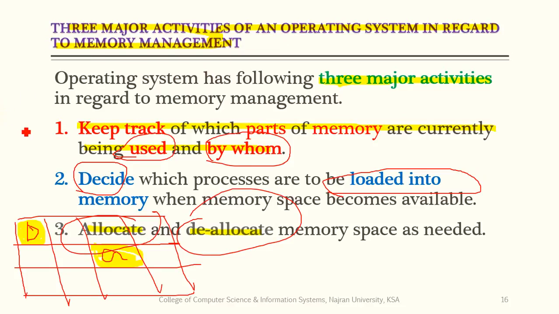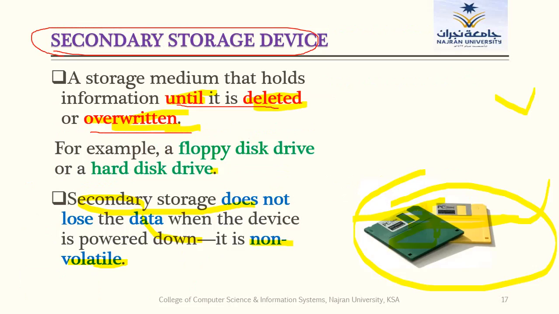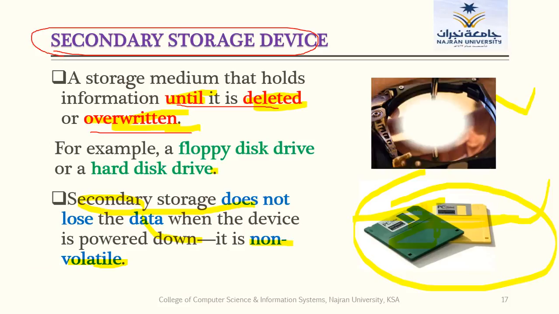Then we have seen the three activities of the operating system in terms of memory management. First is to keep track of which parts of memory are currently being used and who is using them. Then decide which processes are to be loaded into memory when memory space is available. Then allocate and deallocate memory space. Then we discussed secondary storage devices.